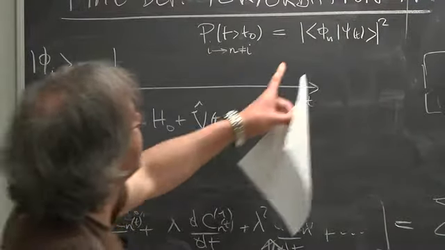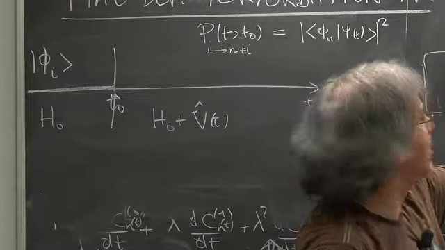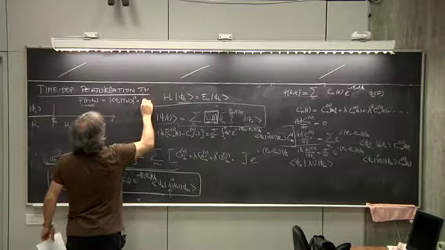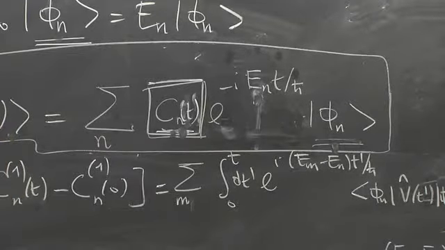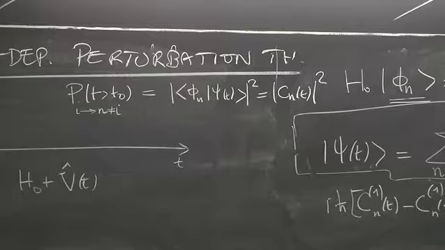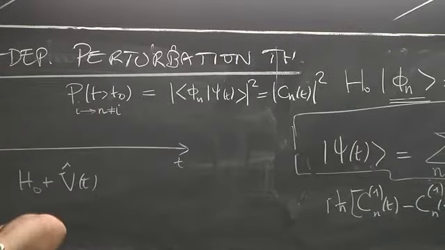Now, what is this? Cn of t squared. The phase doesn't count, you see? So this object here is immediately Cn of t modulus squared. So the meaning of those Cn of t is that they are the amplitudes which allow me to calculate probabilities of finding the system in any of the excited eigenstates of the H0 Hamiltonian.